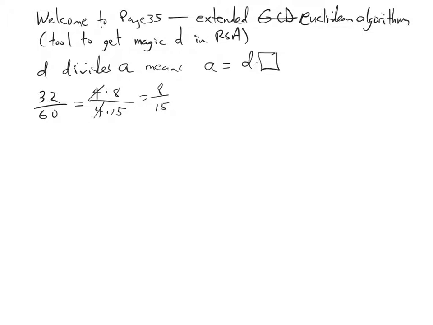So when you do grade school division and you divide a number A by a number B, the number you write up here we're calling Q, and you multiply back down and subtract.